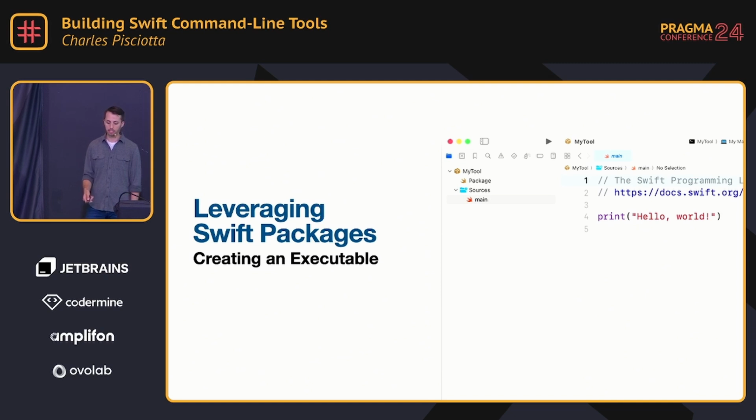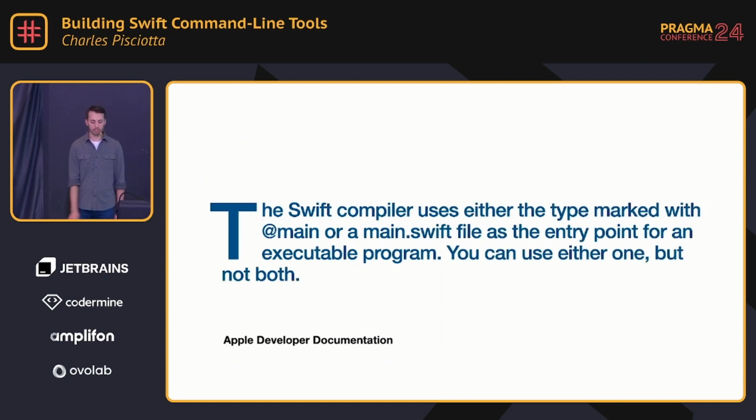And so, as I mentioned, this file called main is actually a special keyword for Swift CLIs. So taking a look at this definition here, you can define the entry point of your CLI in one of two ways. The first is you can define the file as main.swift. This is, again, a special name that the executable will know to use as the entry point.